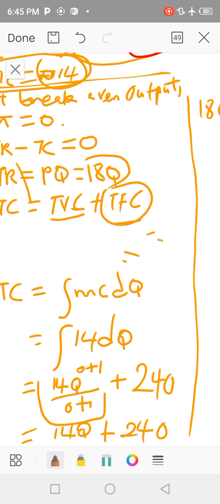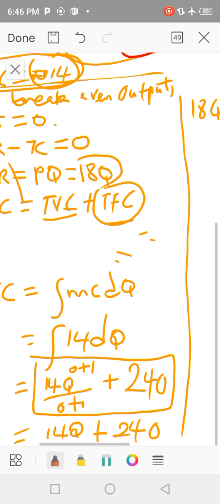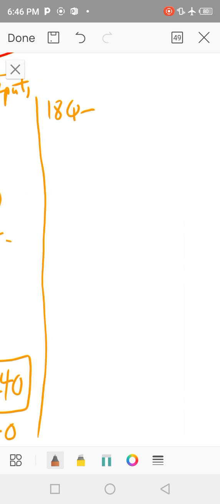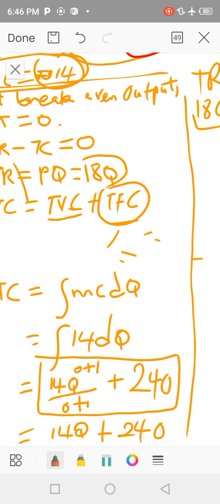If you simplify this expression, we have our total revenue minus our total cost, which is equal to 0 at break even. So this is 18Q minus (14Q plus 240) equals 0. This is your total revenue and this is your total cost as we got from integration.